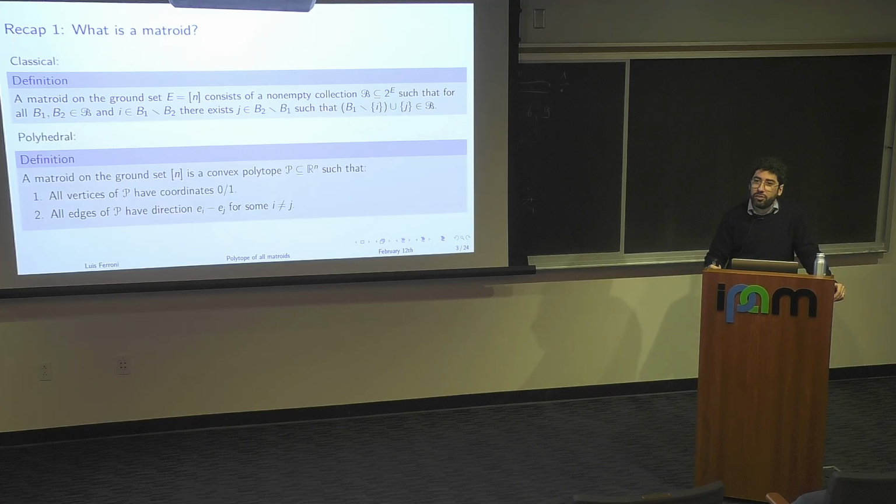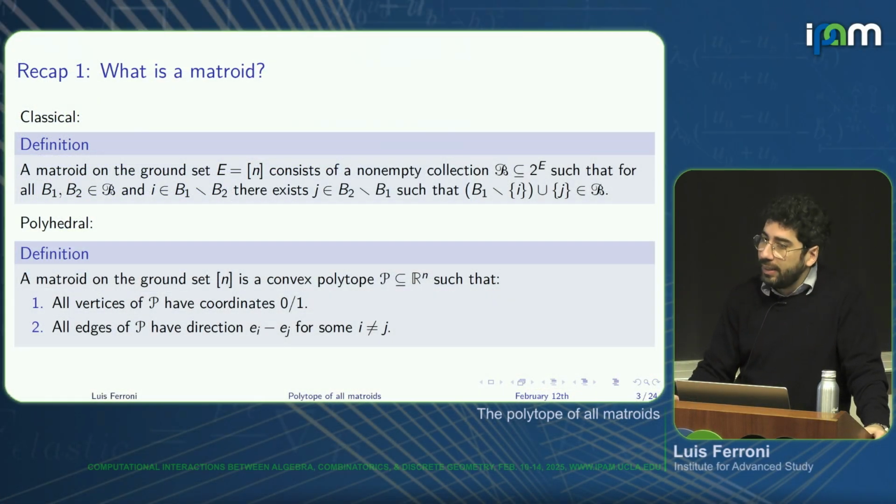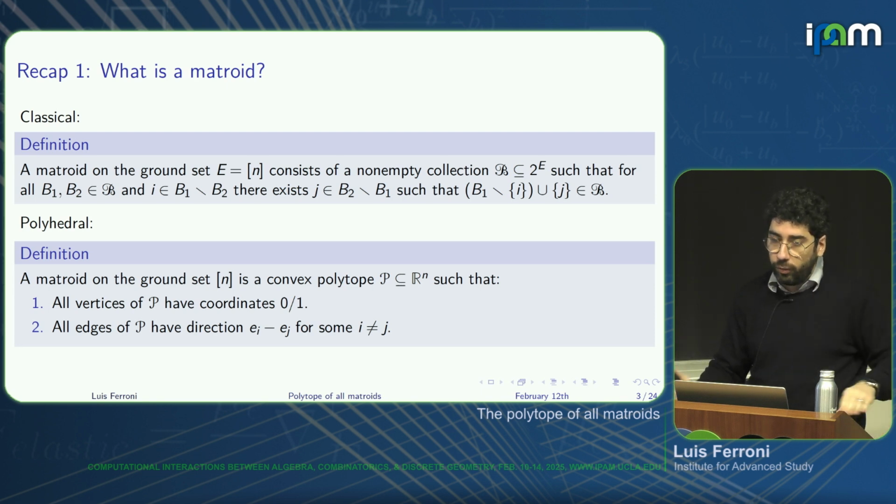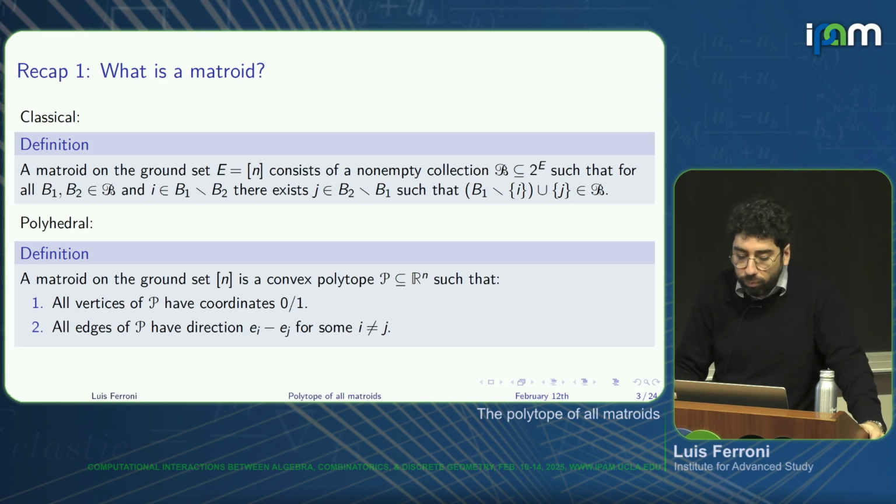But there is a polyhedral definition that I think many of you will like more. A matroid can be seen as a polytope satisfying two conditions. The first is that the vertices have coordinates 0 and 1.